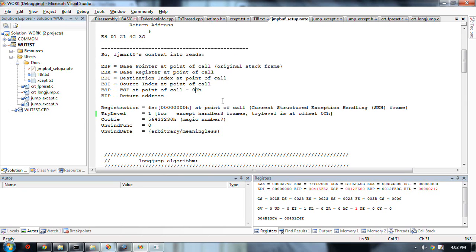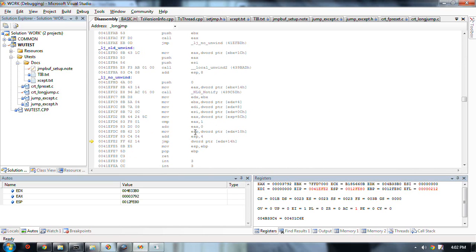So you see the point here. If this is now ESP minus 8, right, that's just as if somebody called set jump and pushed 2 arguments on the stack, which means they would have to clean up the stack pointer by adding 8 to it.